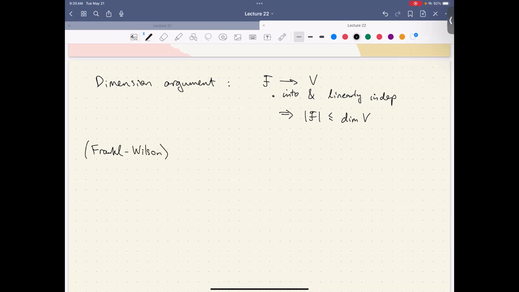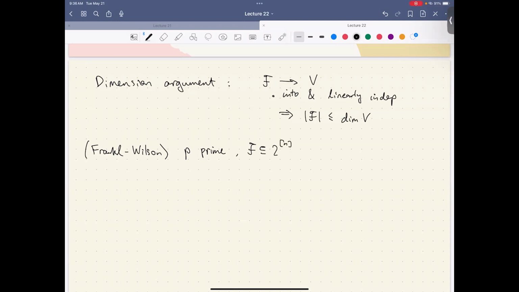So let me remind you what Frankl-Wilson is, and we will see a nice application of it. P is a prime, and F is a family of subsets of [n].